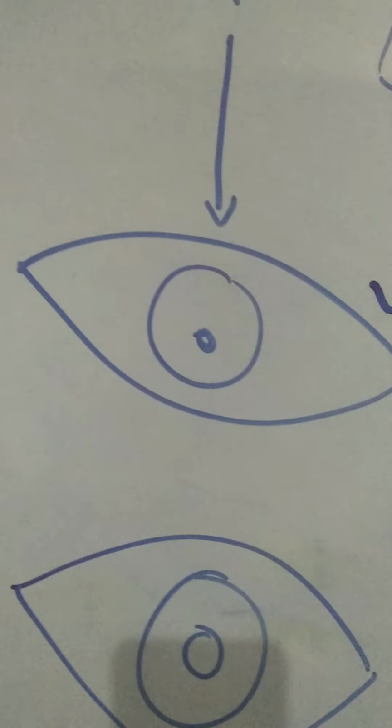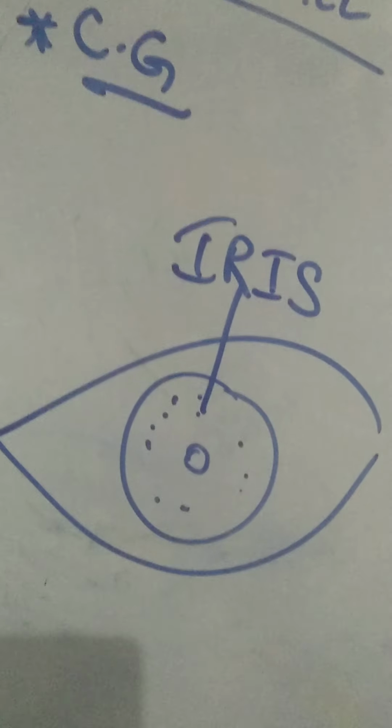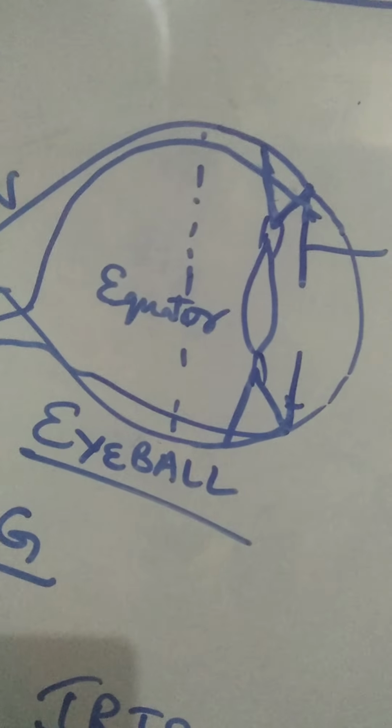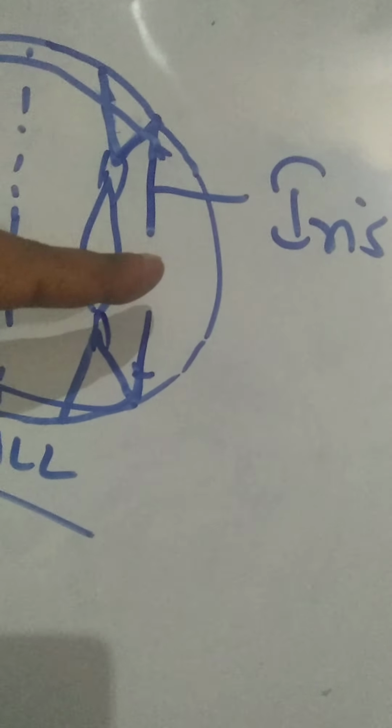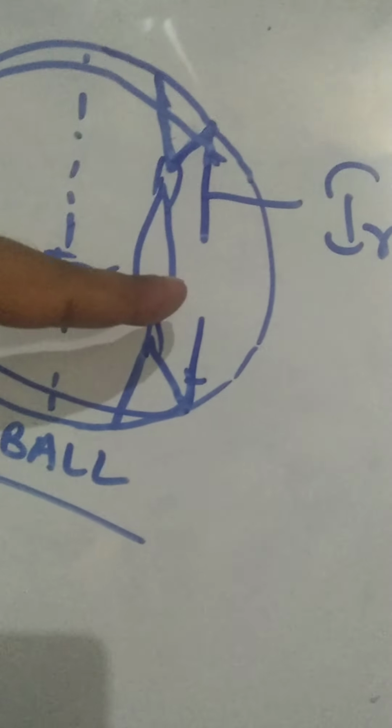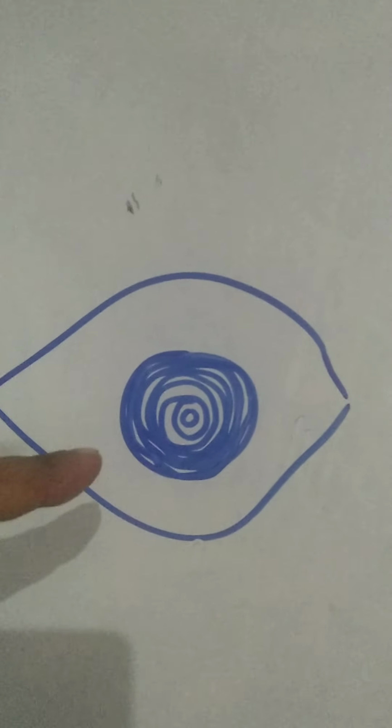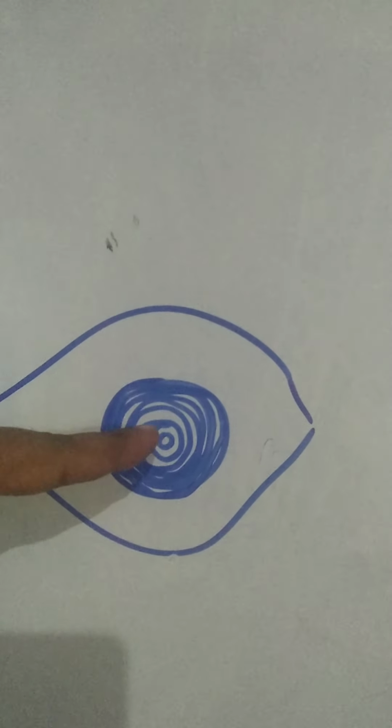So in summary, constrictor pupillae is a muscle of the iris diaphragm. Iris is a vascular layer of the eyeball in front of the ciliary body. It has an aperture called the pupil, which regulates the amount of light entering through the lens and into the eyeball. The origin and insertion of this constrictor pupillae is the pupillary margin.